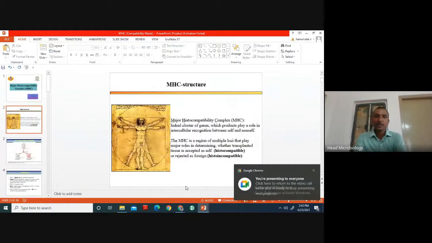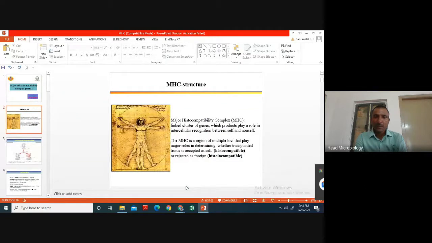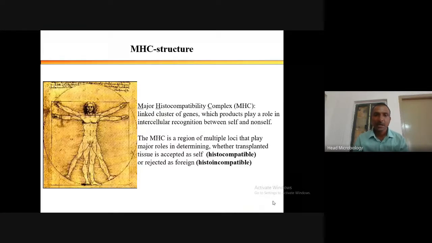MHC structure: the major histocompatibility complex is a linked cluster of various genes. I will explain more examples in later slides.